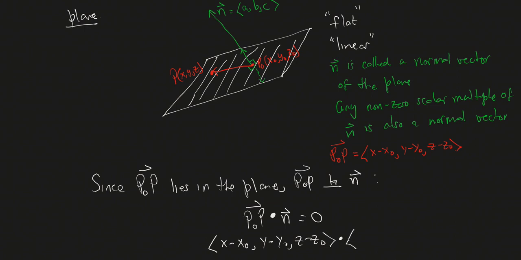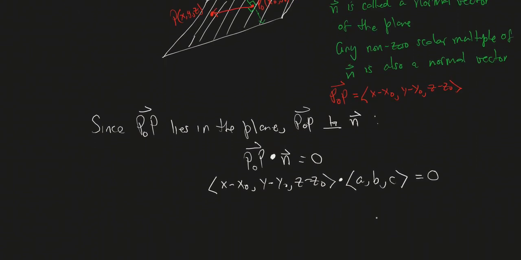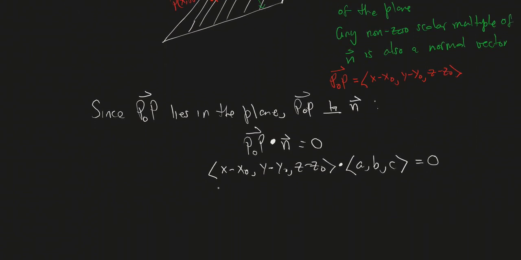Do the dot product of that vector with the vector of the normal vector, whose components are a, b, c. And what defines the plane is that we're saying that this dot product is equal to 0. Well, we know how to compute a dot product. Take the first component of my vector in the plane and multiply it by the first component of the normal vector.